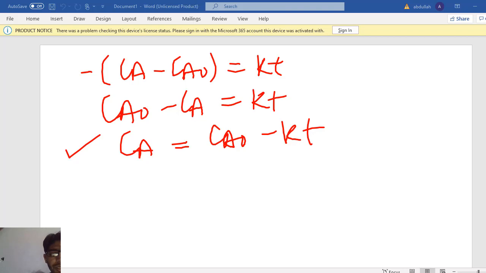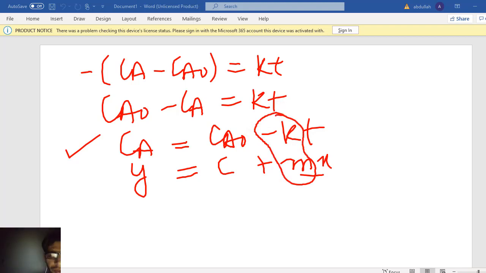If we compare this with the equation of a straight line, y equals mx plus c, then minus k is the slope of the line, and CA0 is the y-intercept.